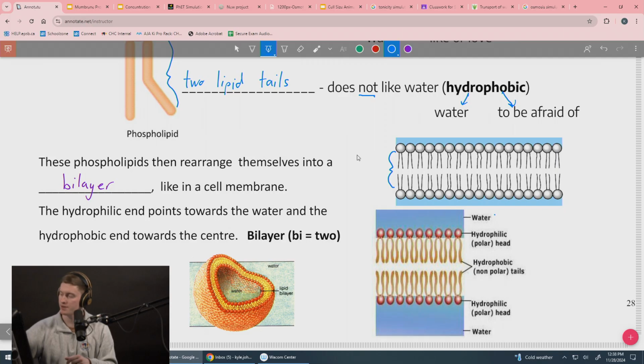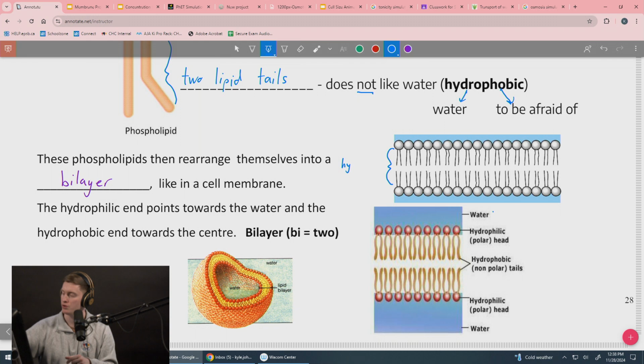On the inside of the phospholipid bilayer, we have our hydrophobic lipid tails. And they arrange themselves towards the inside so that they don't touch the water.